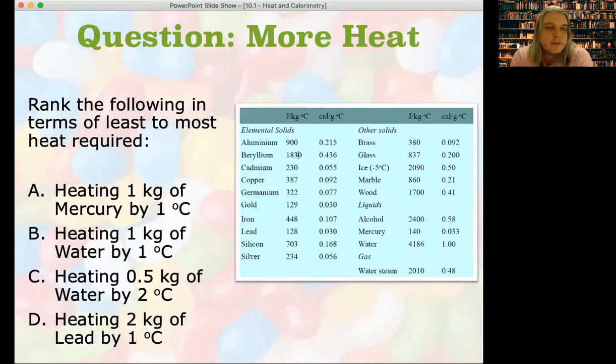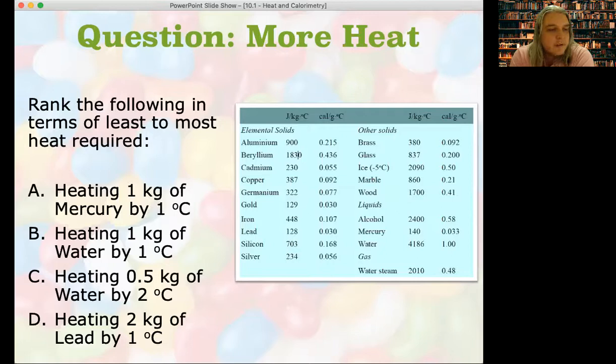So the specific heat capacity of mercury is going to be our solution here. It's just that we're cancelling out the kg and degrees C. So mercury would need 140 joules for that. Officially, we multiplied 140 by 1 and then by 1 again, but it just came out to be 140. So 140 joules is for A.